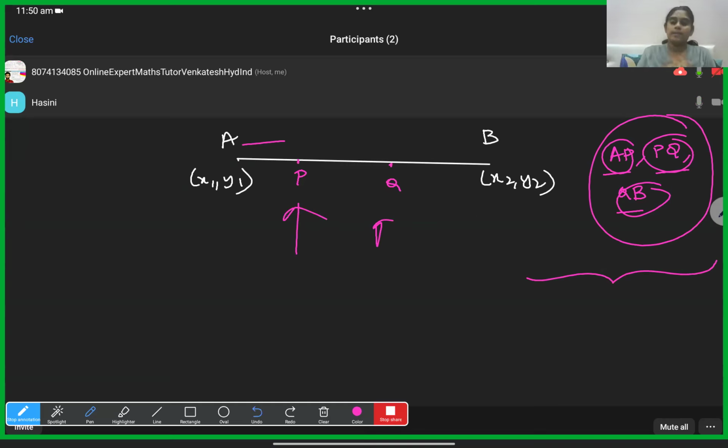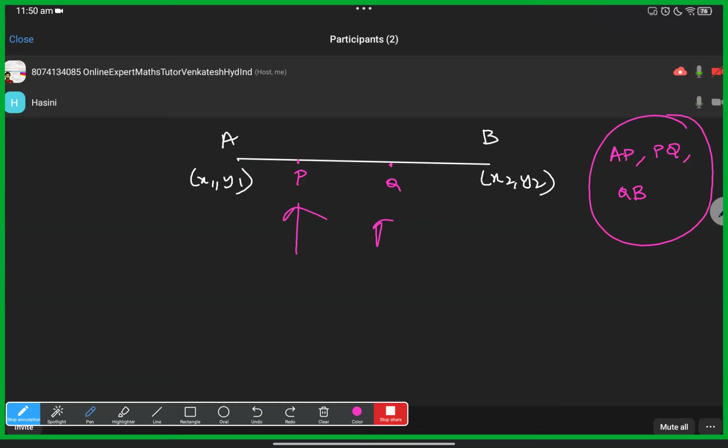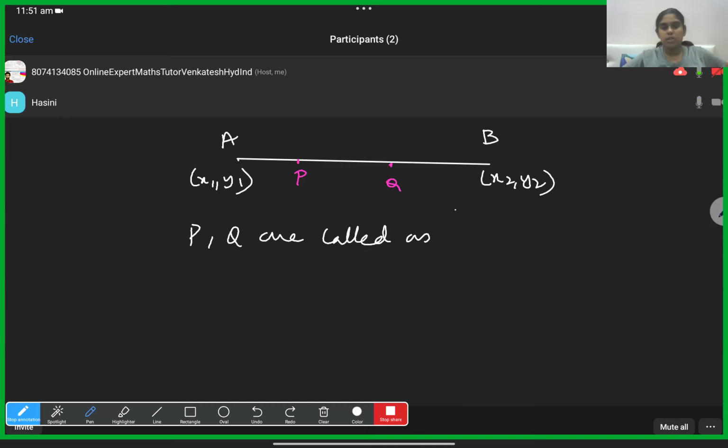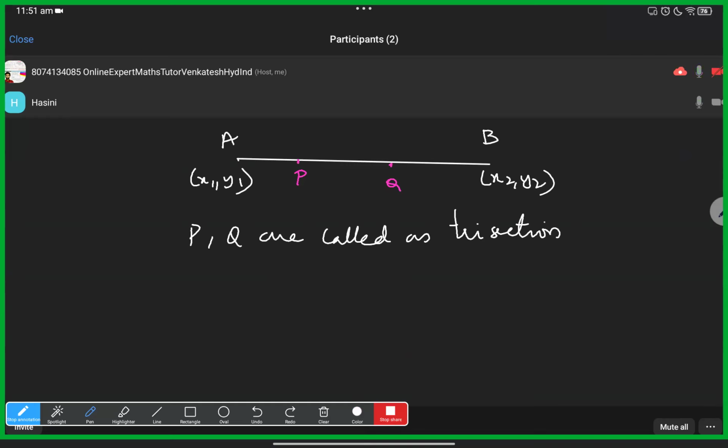Now these 3 parts, we will call P and Q the trisection points. Tri means 3.